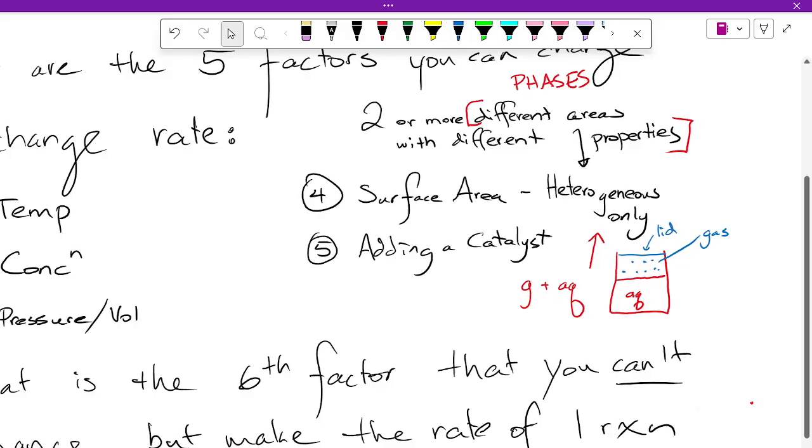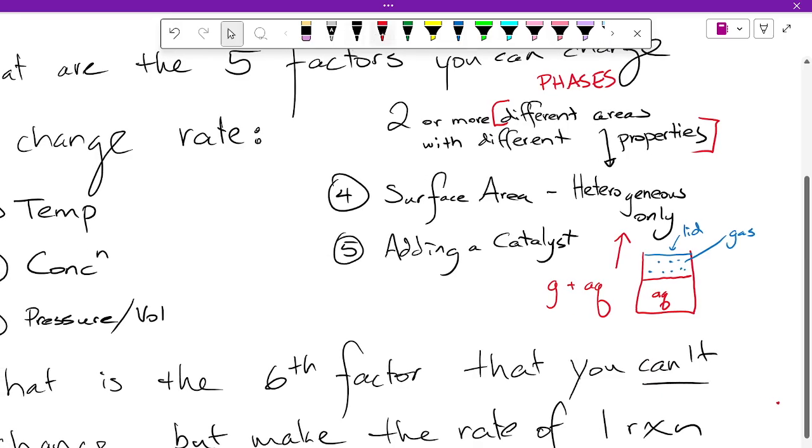Now, what if instead of having that, you had your same beaker, your same aqueous stuff, but instead of having just the gas above the liquid, what if you bubbled the gas in? Bubbles of gas.